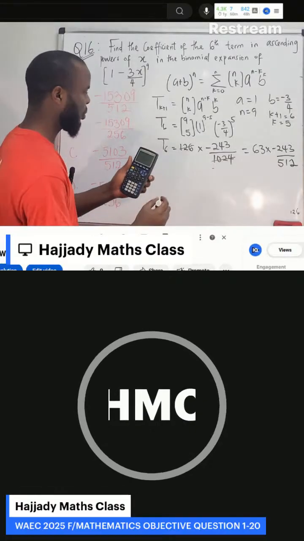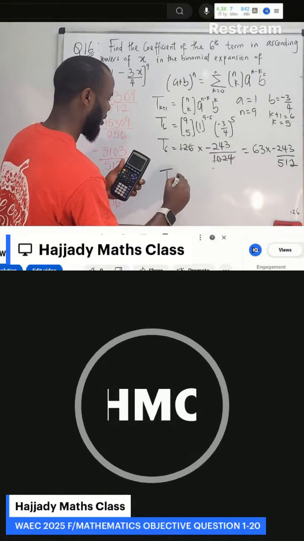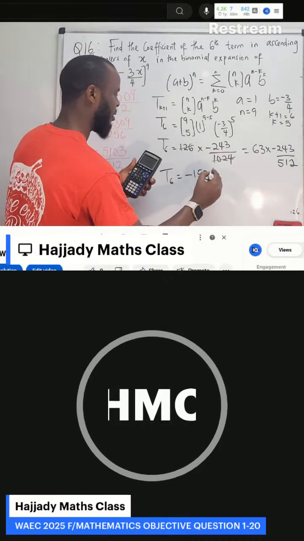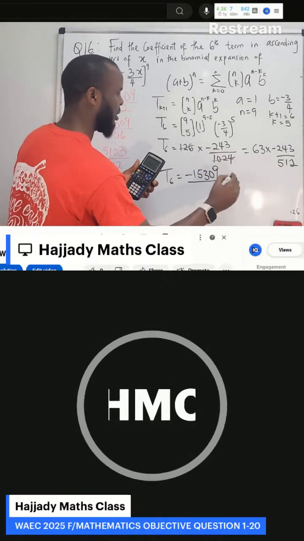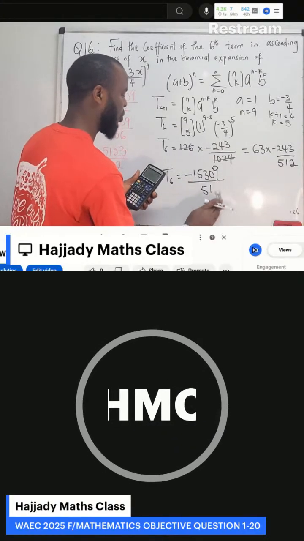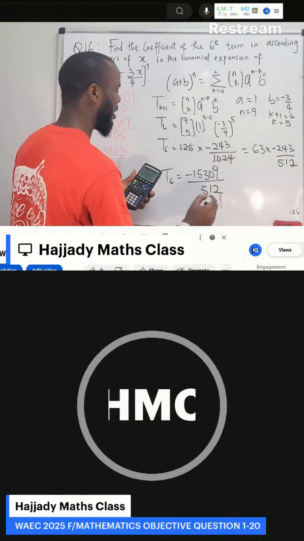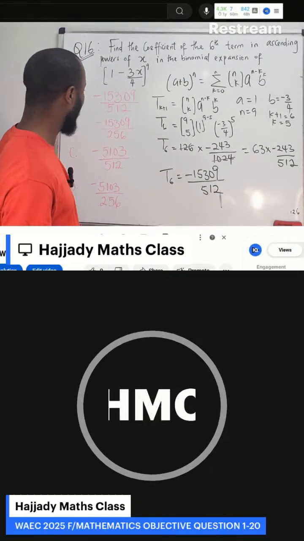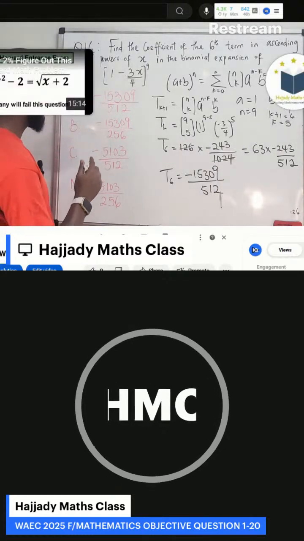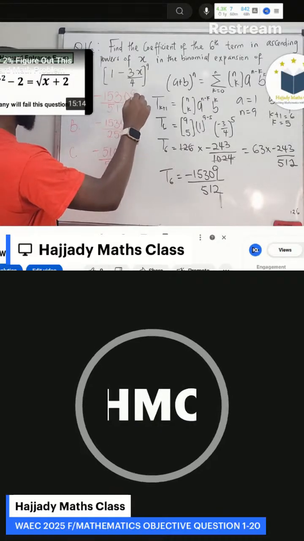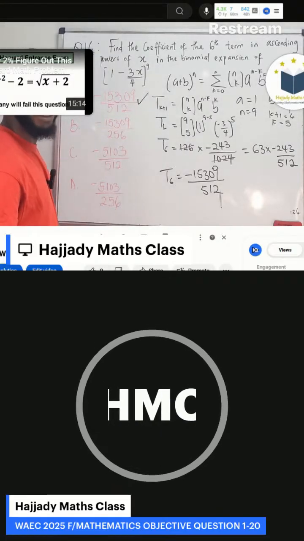My calculator is showing me negative 15309 divided by 512. This is the answer in the lowest term. And if you look at that, 15309 over 512, the answer should be option A.